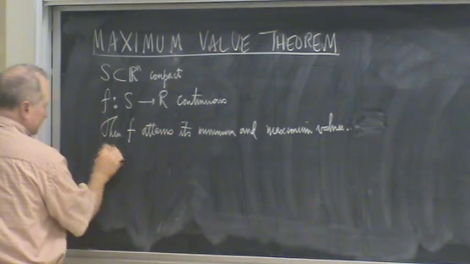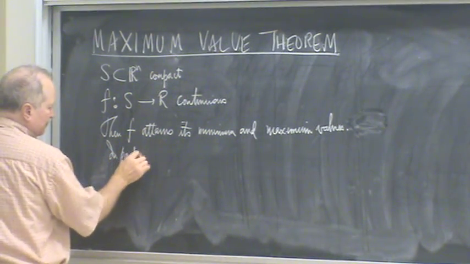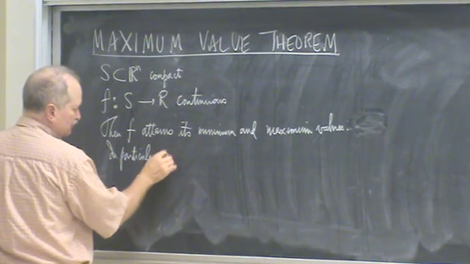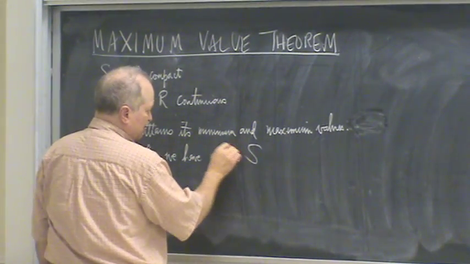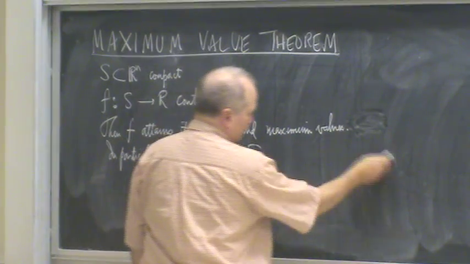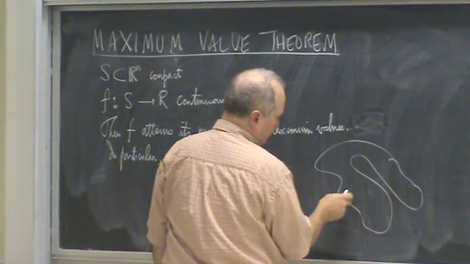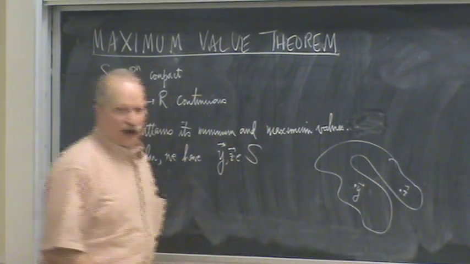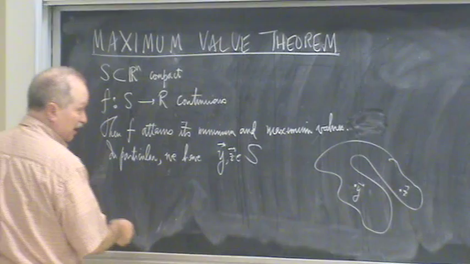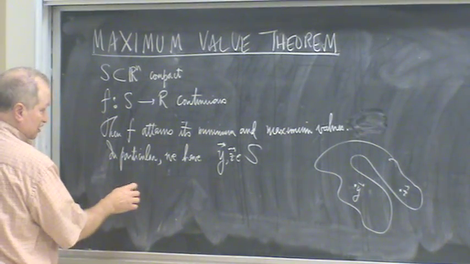in particular. This means we have points in our set. So whatever our set looks like, we have points in there where the function is respectively the smallest and the largest.